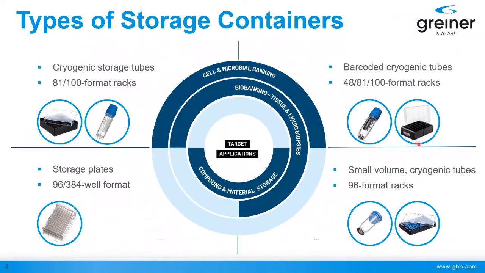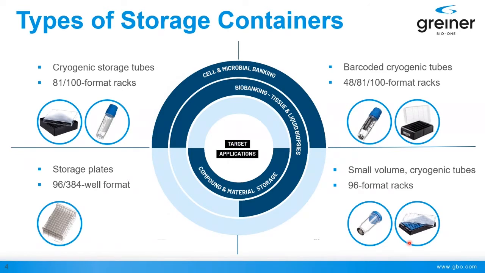And then another topic and another common theme is getting smaller, storing smaller amounts of samples. So other containers gain interest now. The principle is pretty much the same. You have these racks, you want them to be automation friendly now, but the tubes are smaller.